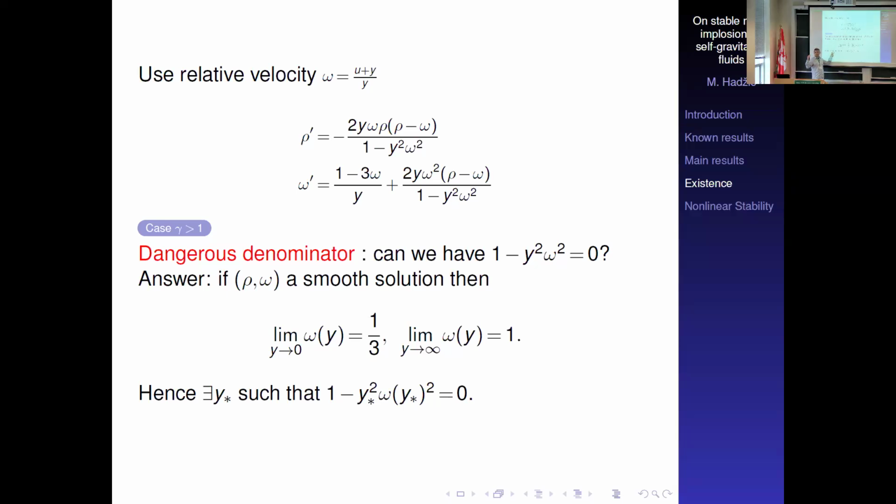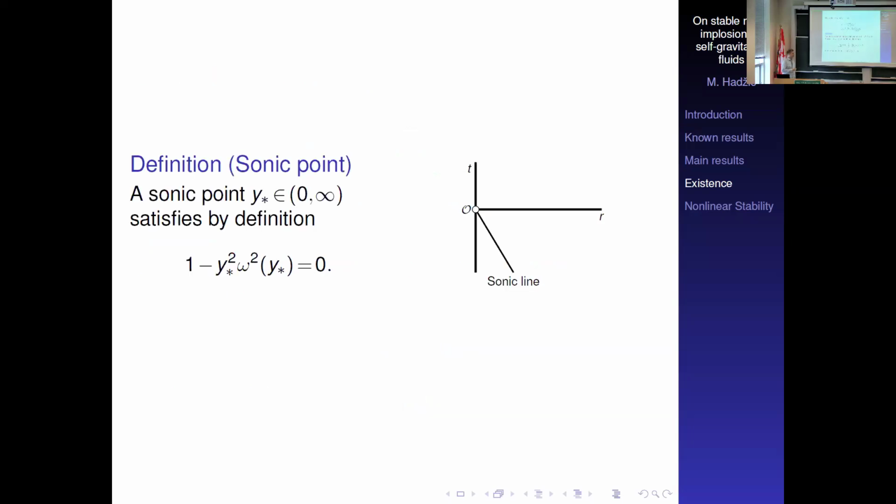This is a slope in the physical space where this thing vanishes. We give it a name. We call it a sonic point. And what does it actually represent? It's the boundary of the backward sound cone that emanates from the origin. And if you're too triggered by the word sound, think light, okay?